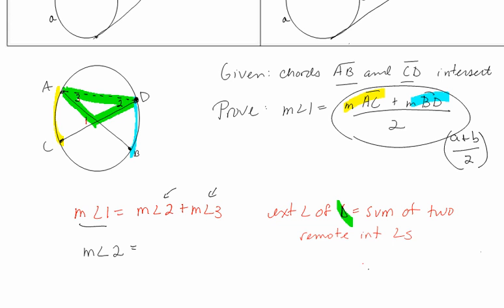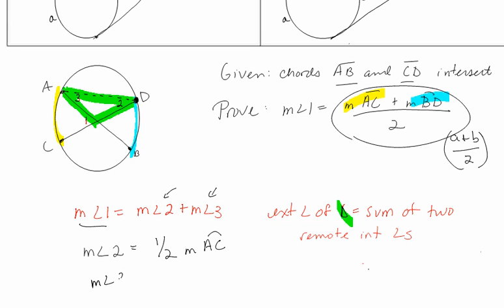Its vertex lies on the circle, and its endpoints are at A and C. And we learned today that the measure of an inscribed angle is equal to half the intercepted arc. So I can say that the measure of angle 2 is equal to 1/2 the measure of arc AC.